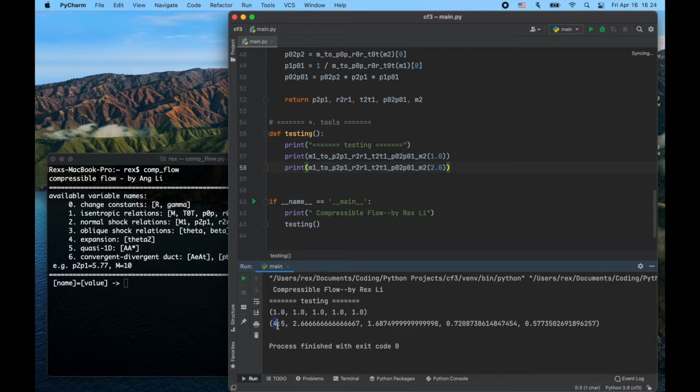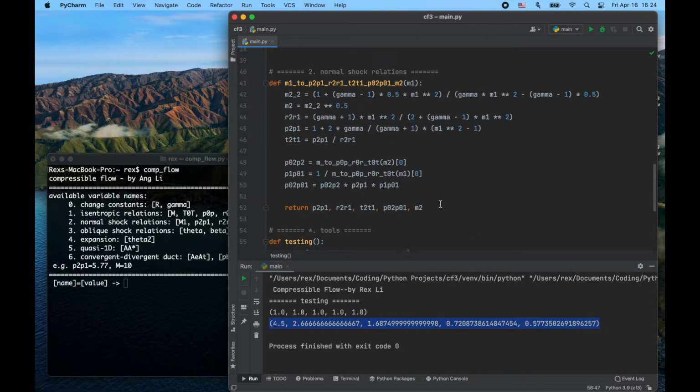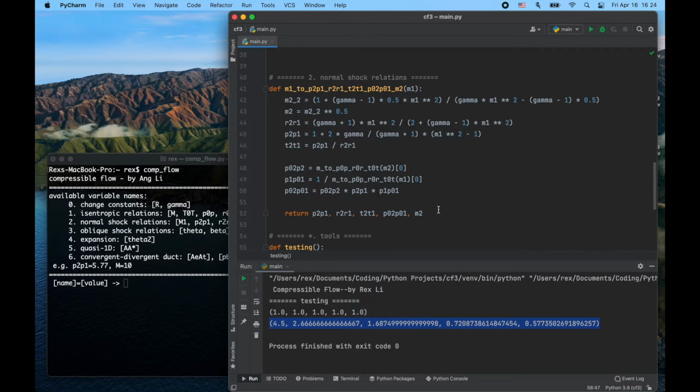And for this one, let's say the Mach number is 2.0. Okay, they are consistent with the table in the textbook. So that means our function for this one is correct. These values are correct.